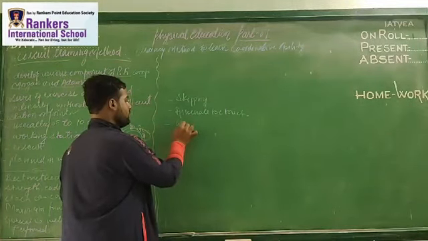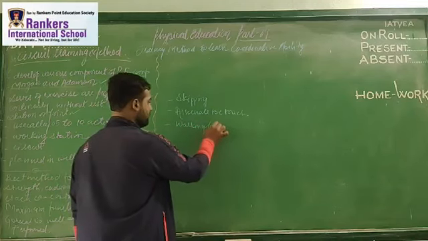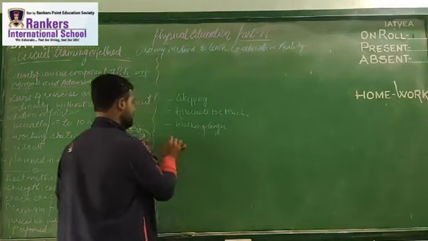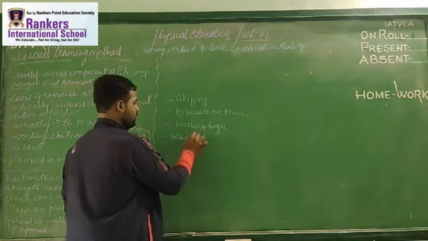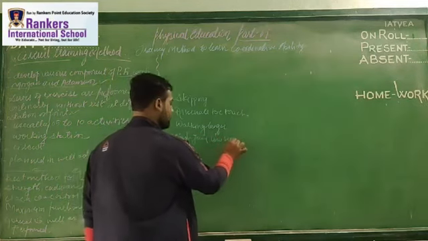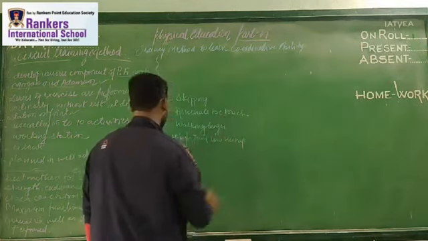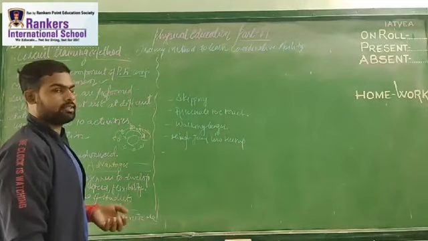Walking lunges, high jump, low jump. Right, what is the next exercise? We'll have to take at least 6 to 10 exercises, right?